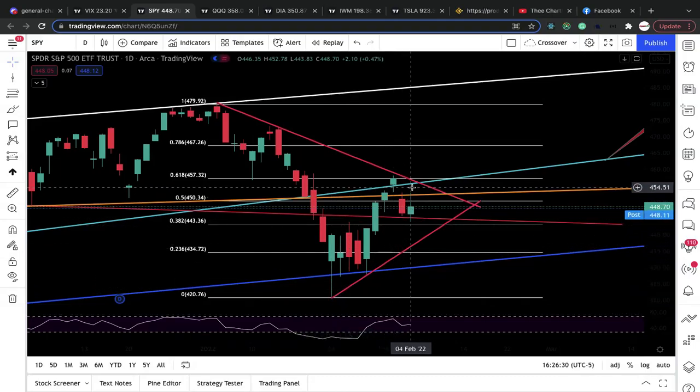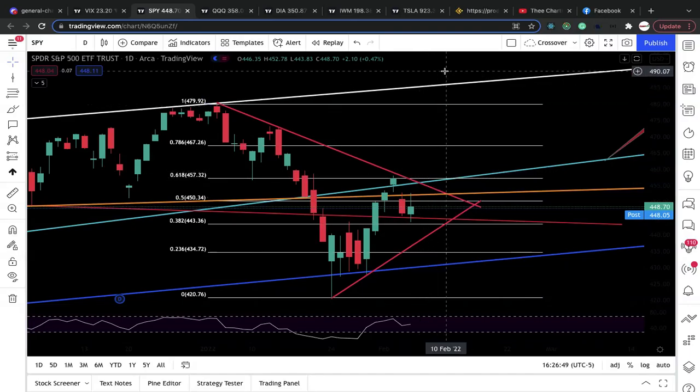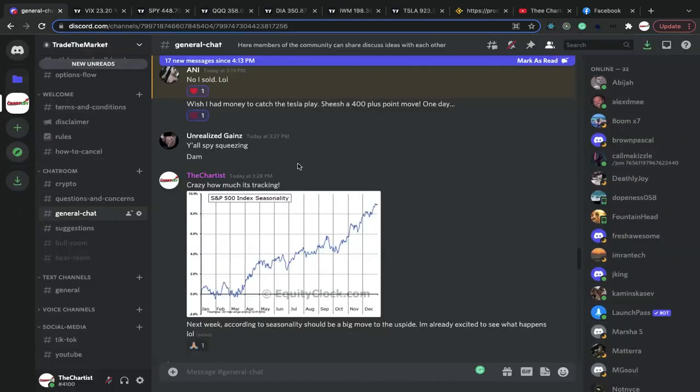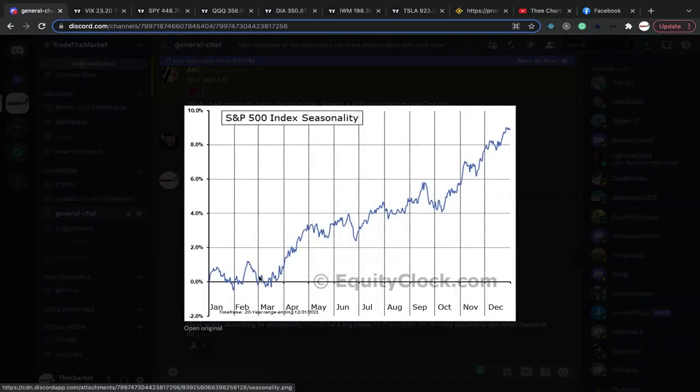So above 455.7 is bullish, and it will put the next price target in play, which is the 61.8 retracement at 457.3. If the SPY breaks above 457.3, I am bullish and confident that we will head to new all-time highs for the SPY, and seasonality will continue to track.